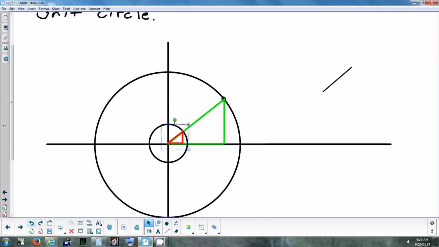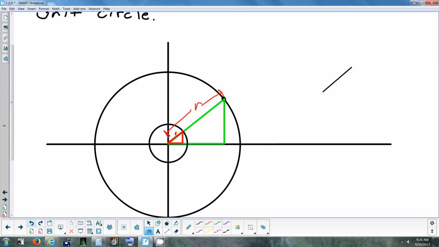All right, so if this part from here to the origin is R units, I don't want it to be R units. I want it to be 1 unit. I want to think of this green triangle shrunk back down so that the hypotenuse is back to 1 unit.